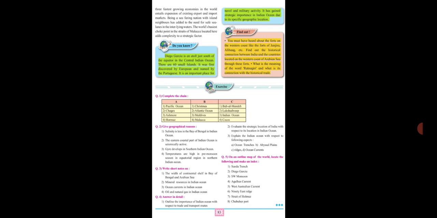As I told you, the Strait of Hormuz carries heavy traffic of petroleum and petroleum products from the oil fields of the Persian Gulf and Indonesia. It also has a choke point in the Straits of Malacca, which adds complexity to the strategic factor.